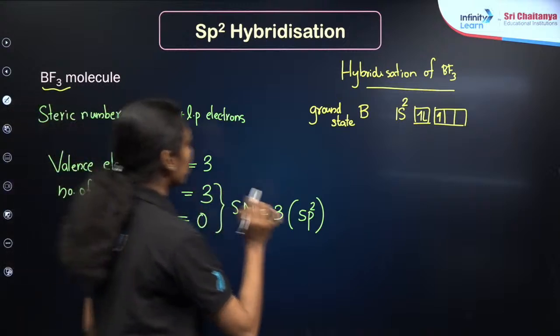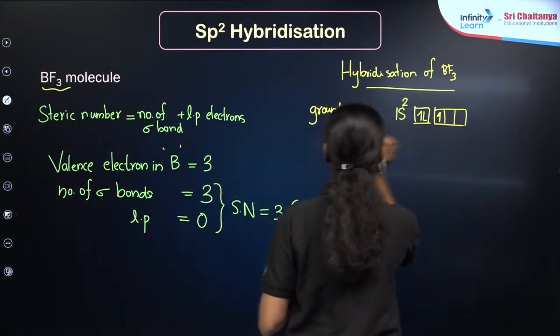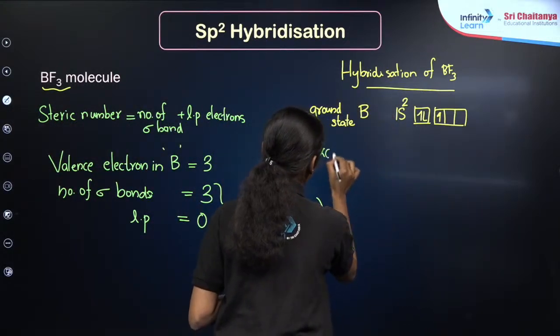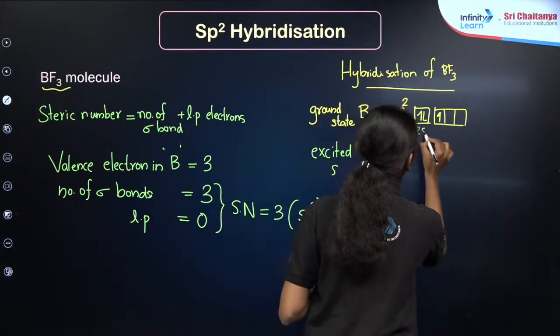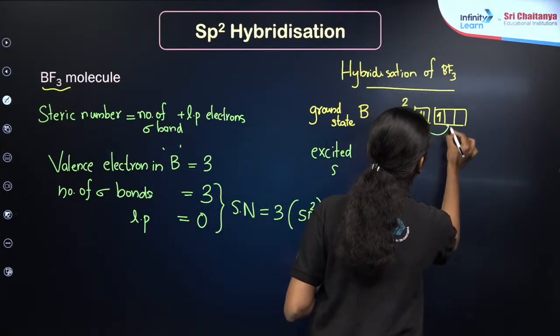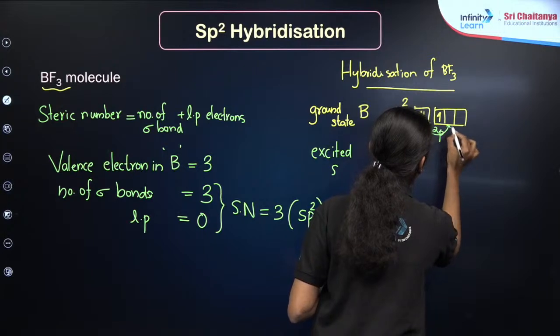In order to get the sp2 hybridization, we will write the excited state electronic configuration, which means that one of the electrons from the 2s orbital will go to the 2p orbital.